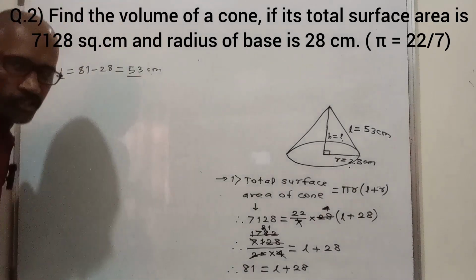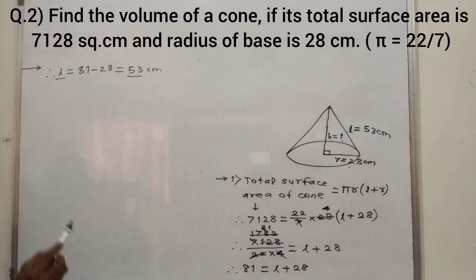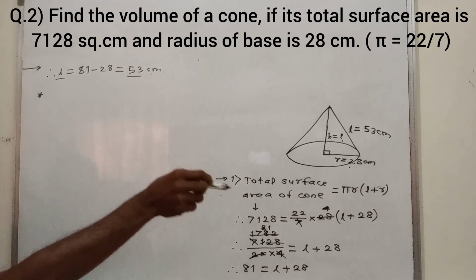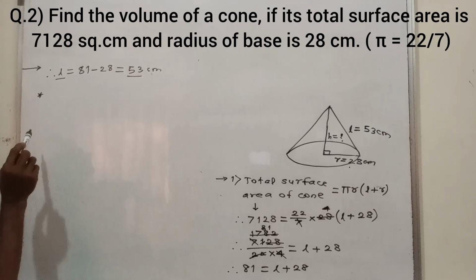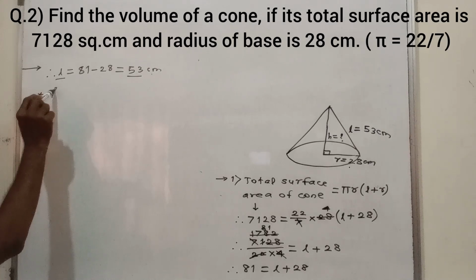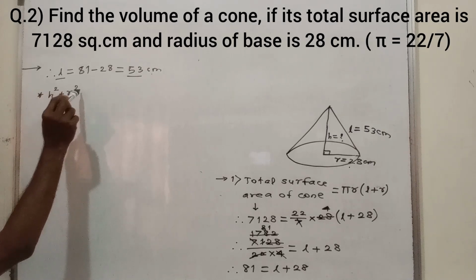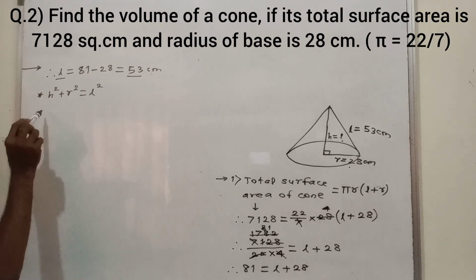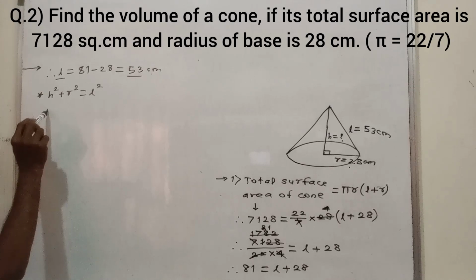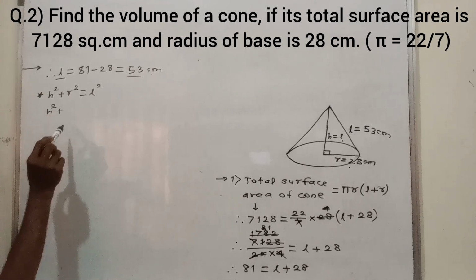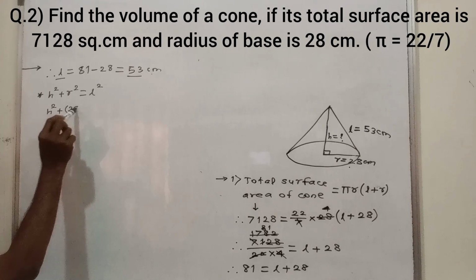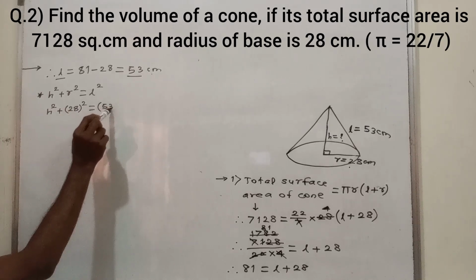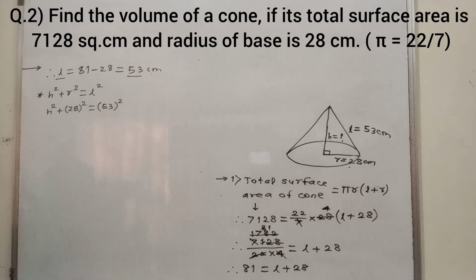Now we want h. So we will find h. In that right angle triangle, h square plus r square is equal to l square. Therefore, we don't know h. h square plus 28 square is equal to 53 square.